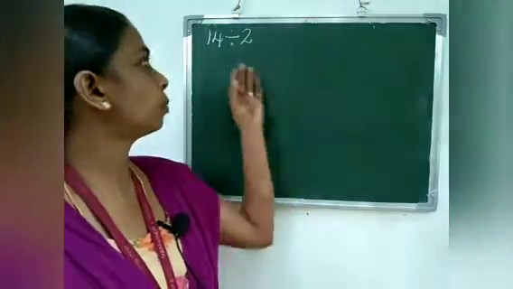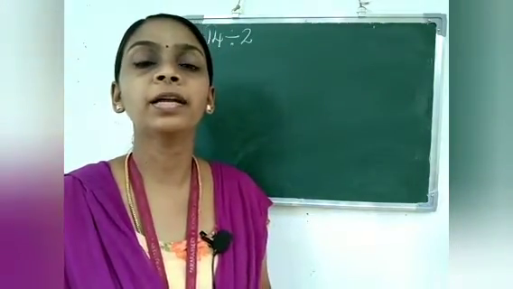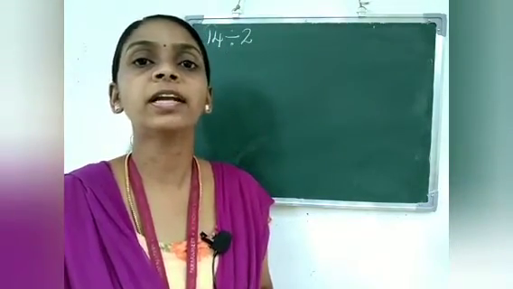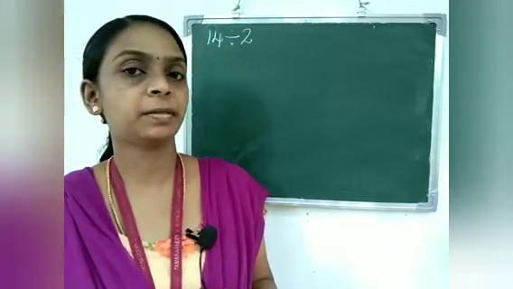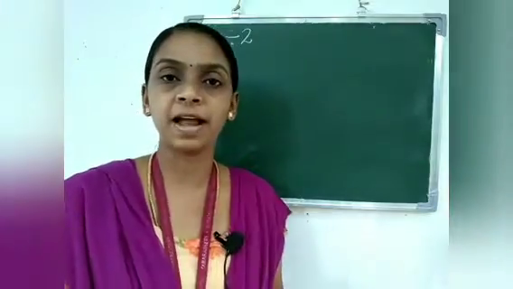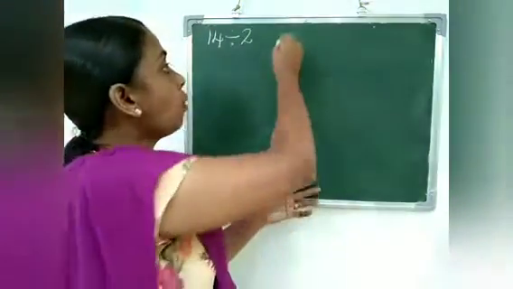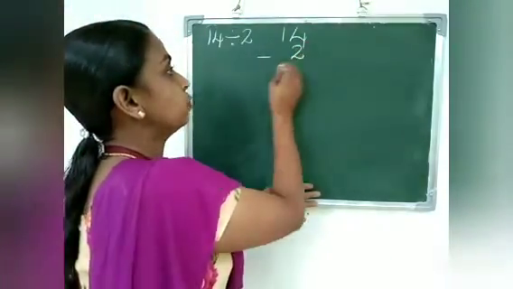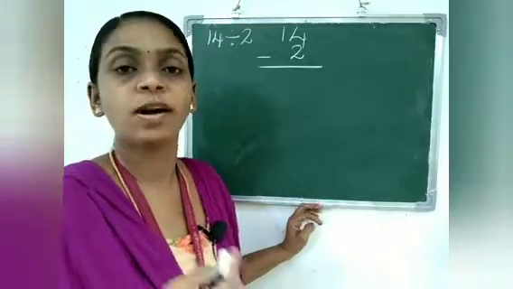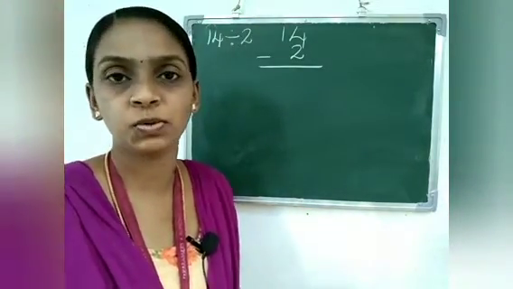Now we have to do the problem 14 divided by 2. By the repeated subtraction method, we have to do this division. So how will we start? 14 minus 2.